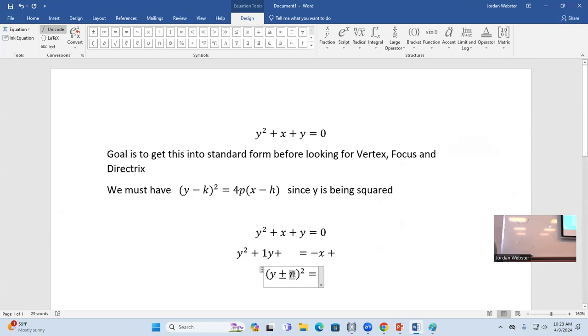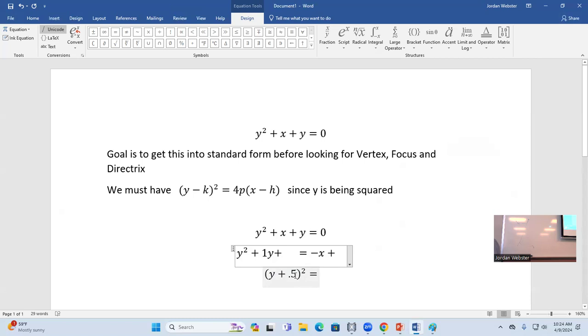Now, this number has to be half of my coefficient on my y. So it's got to be half of 1. Since that's a positive 1, half of 1 is 0.5.